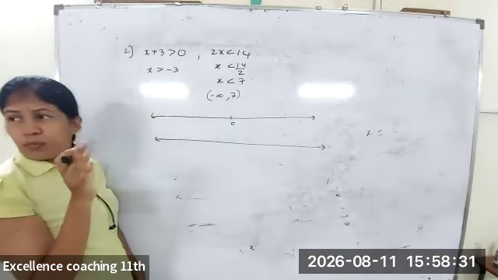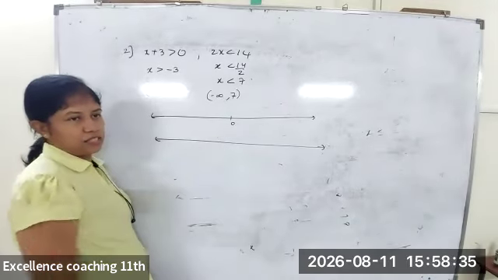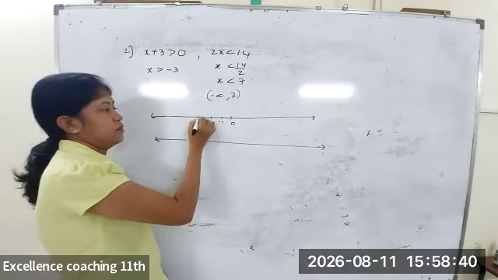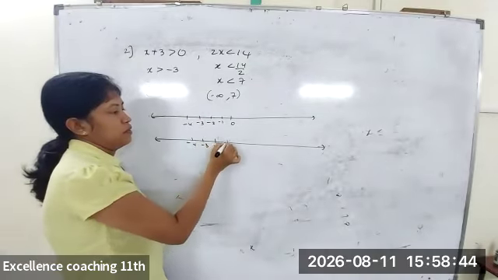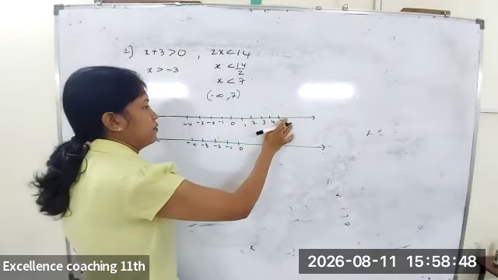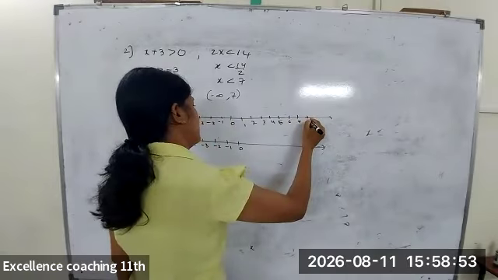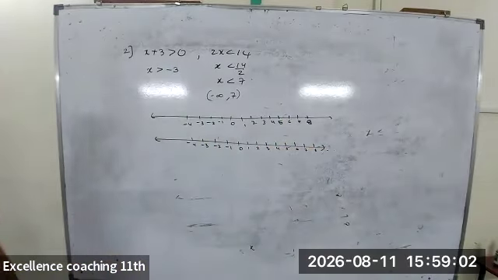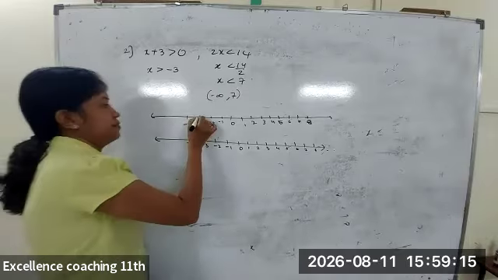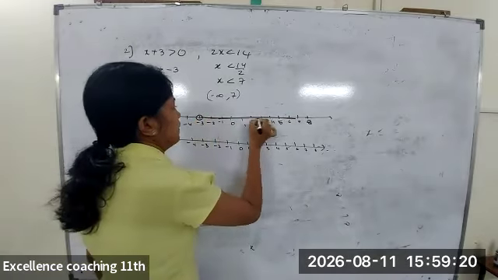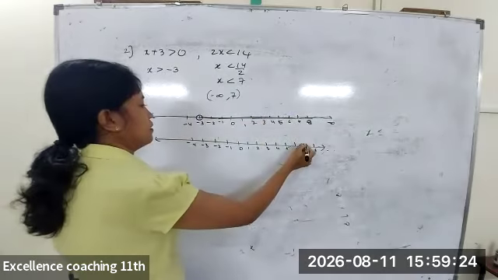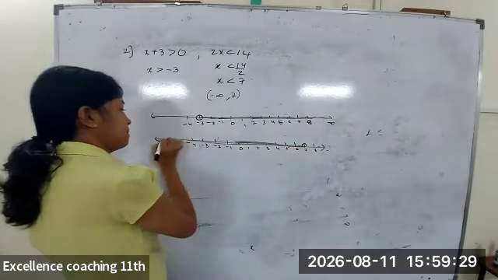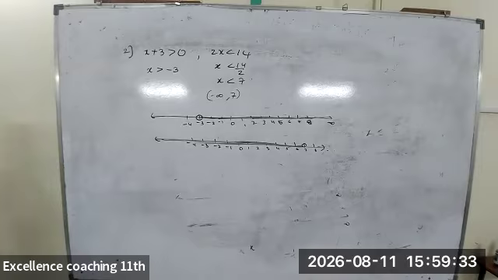Approximate, not required to put those exact numbers. Approximately, if you want, you can put and then check. -3 and 7, less than 7 on that side.